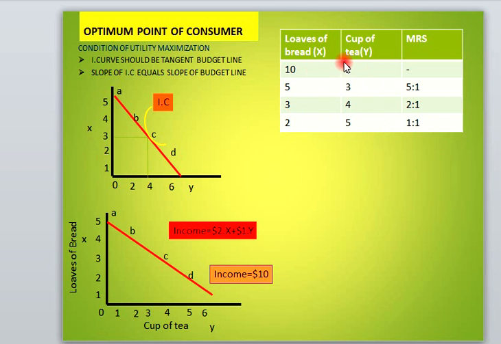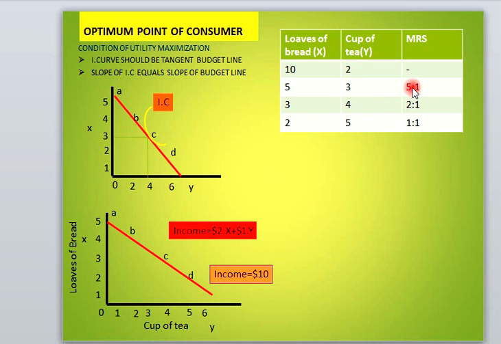When you look at it now, from the first point, for him to get an extra unit of cup of tea, he forgoes 5 loaves of bread. Then for this third combination, he forgoes 2 loaves of bread to get an extra 1 cup of tea.